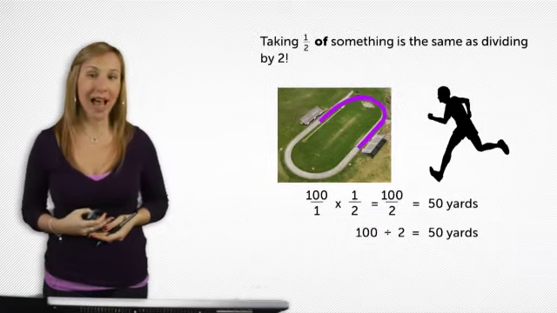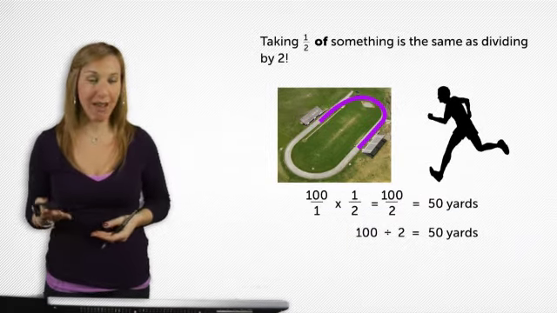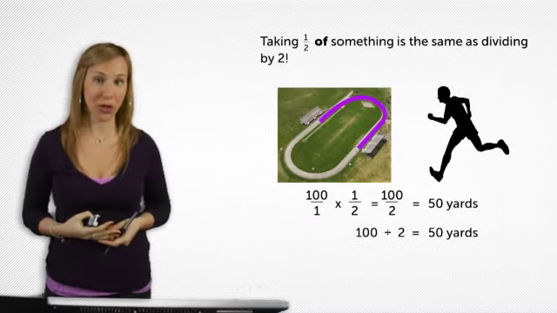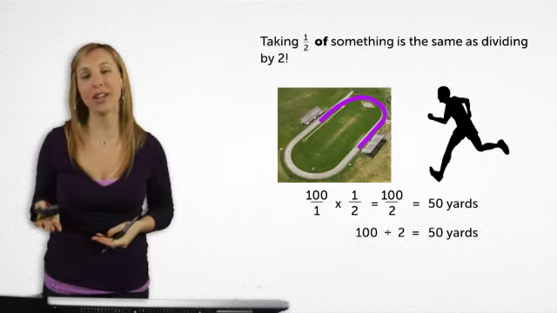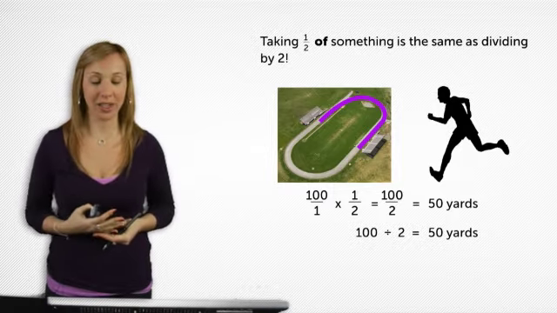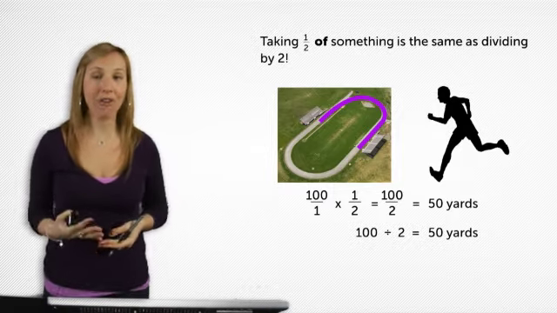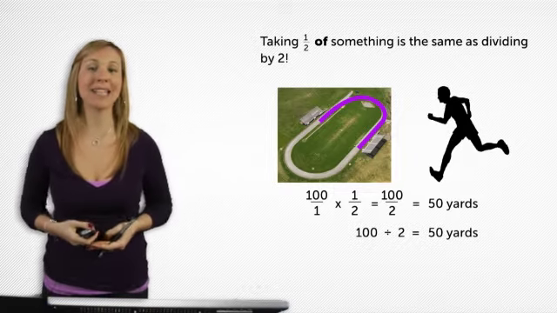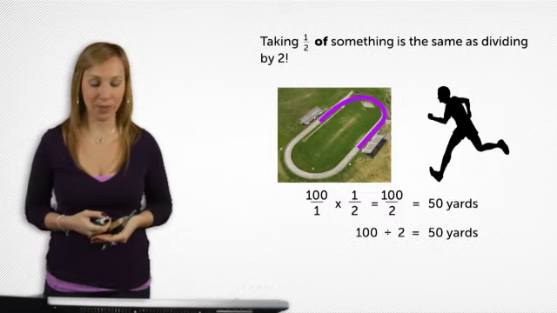So in this case, I would say 100 times 1/2 gives me 100 over 2, and that's the same as 100 divided by 2. And in this case, he will have run 50 yards. So taking 1/2 of something, or 1/2 times something, is the same as dividing by 2.